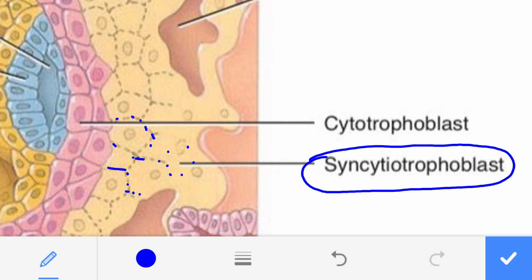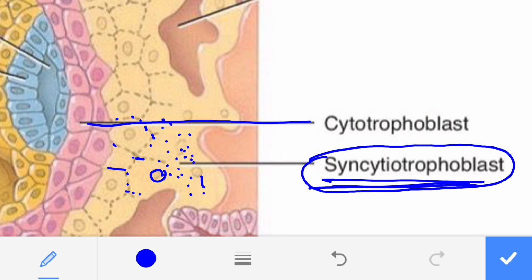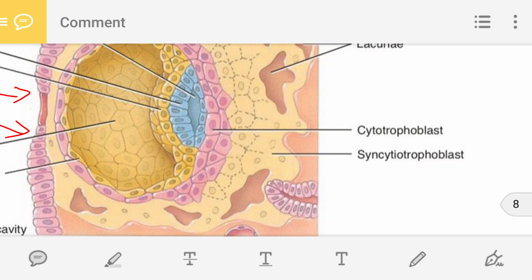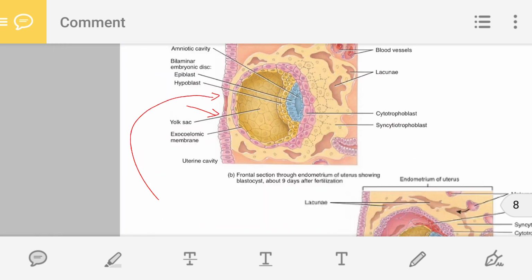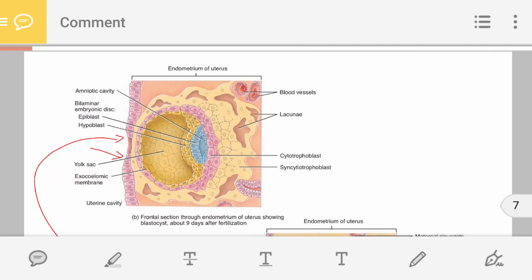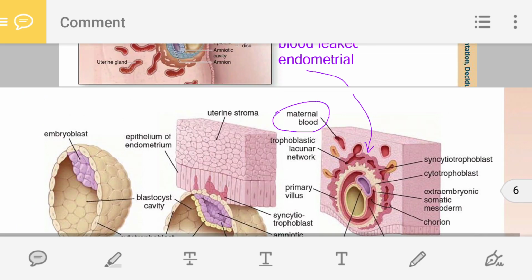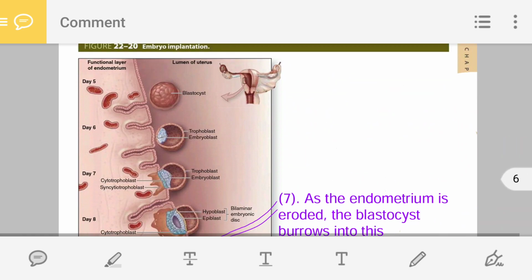So cytoplasm is coming out, and the nucleus. So this multinuclear mass of cytoplasm is known as syncytiotrophoblast, and this cellular layer is known as cytotrophoblast. So now you get the idea of these two cellular layers.